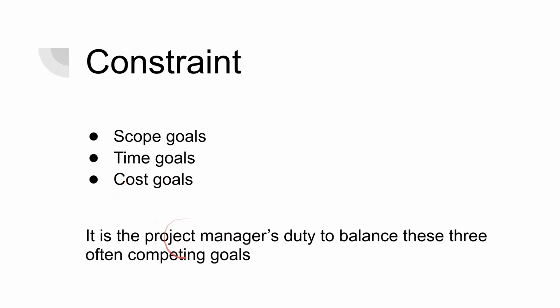As a project manager, the person who is responsible for managing these three constraints should also have constraints on these things as well. The quality of the project. Let's say, for example, Japanese cars. We know Japanese cars are built on top quality.